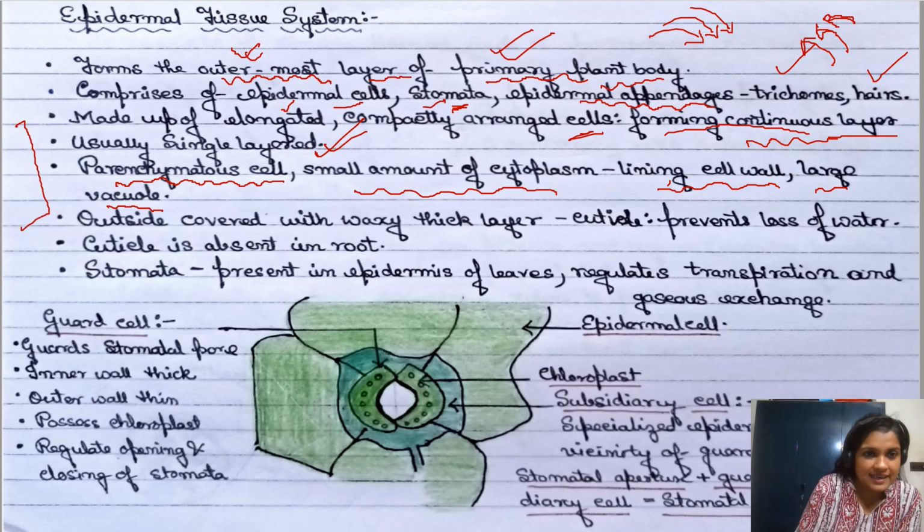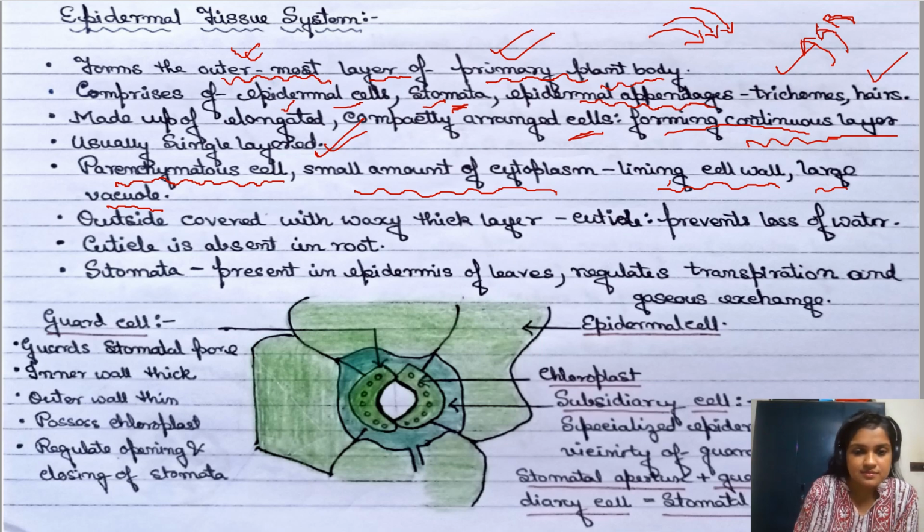The cells are a little bit elongated with a large vacuole, and a very small amount of cytoplasm lining the cell wall. Let me draw it bigger, then it will be easier for you to understand.